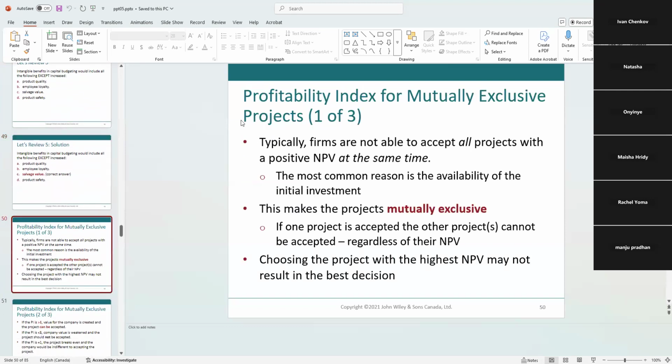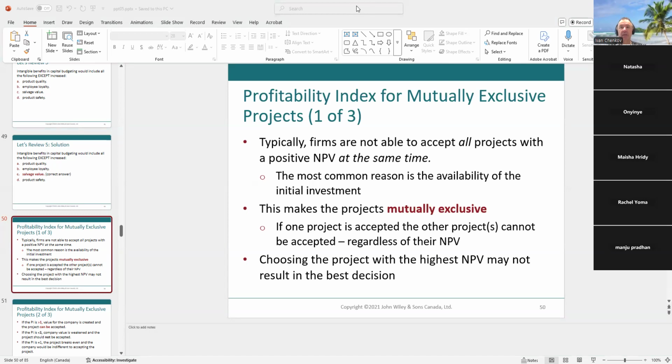Let's go now to the profitability index. The profitability index is an interesting idea because sometimes the company has money and has projects generating positive net present value. However, we don't have money to spend on all those projects. So we have to choose only one, which is more beneficial for our company.